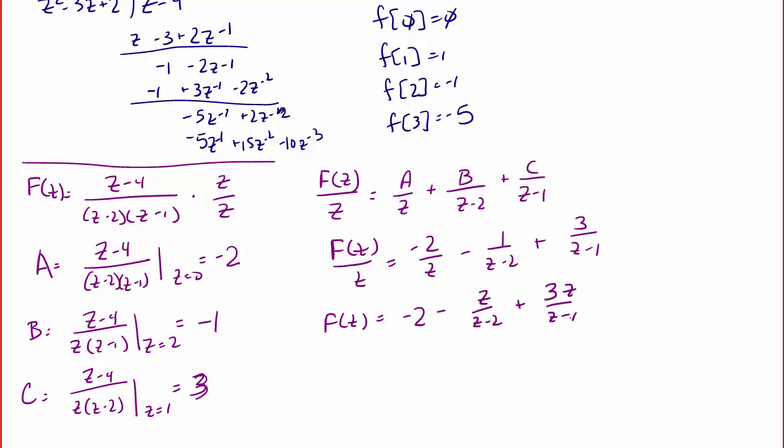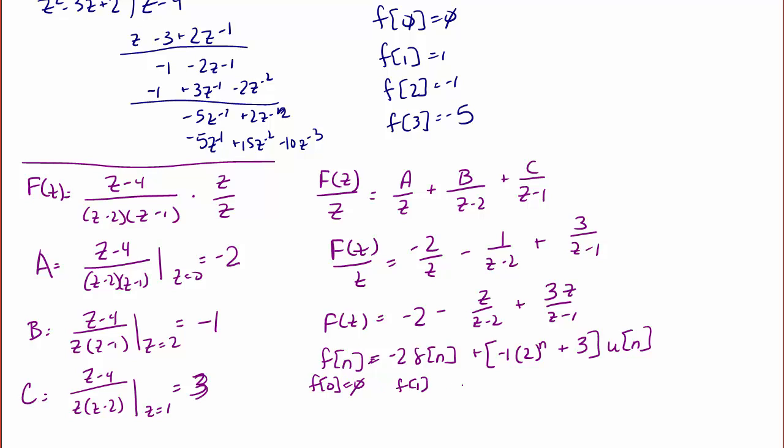So then you go to the Z transform table, and we get that f of N is equal to negative 2 delta of N plus the quantity negative 1 times 2 to the N plus 3 U of N. To check our work, we would put in f of 0 and we get that f of 0 is equal to 0, which is the same as what we got before.